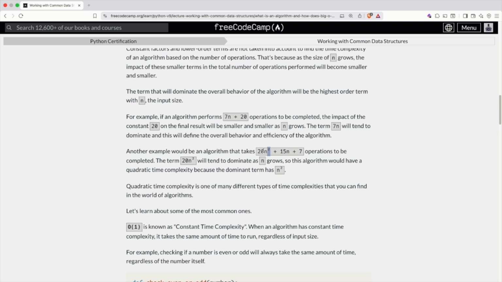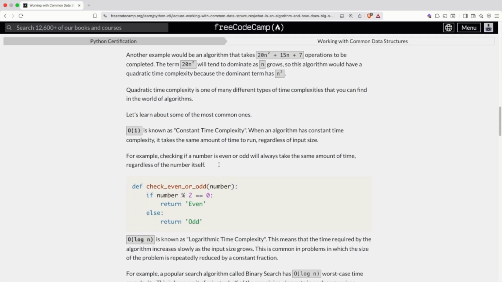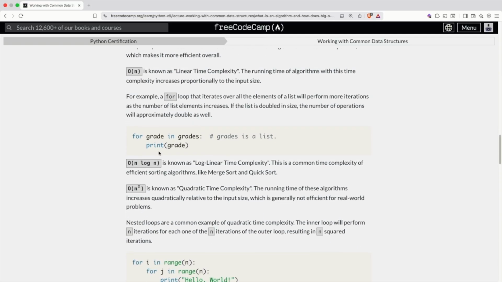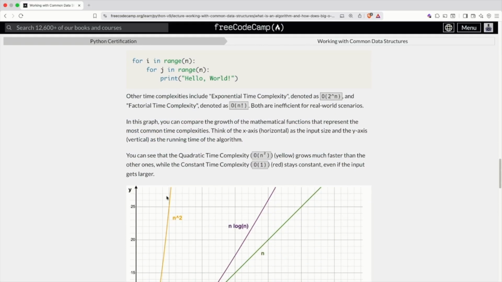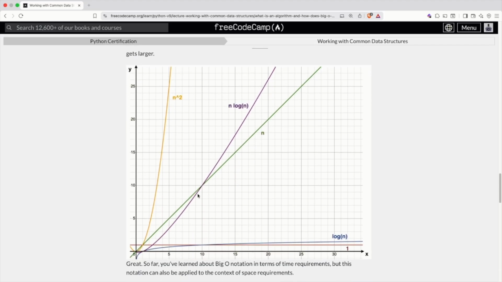So if this was 20 n to the third, then it would be n to the third. So that's what I would tell you to look through and understand. You're not going to have to calculate anything.